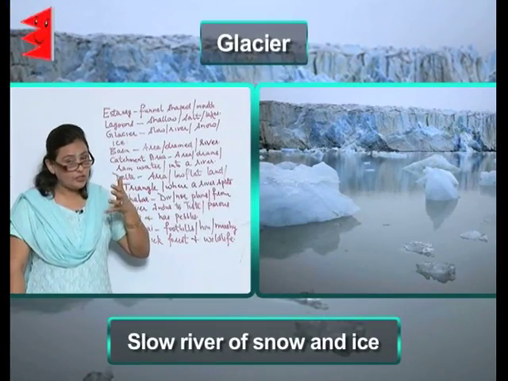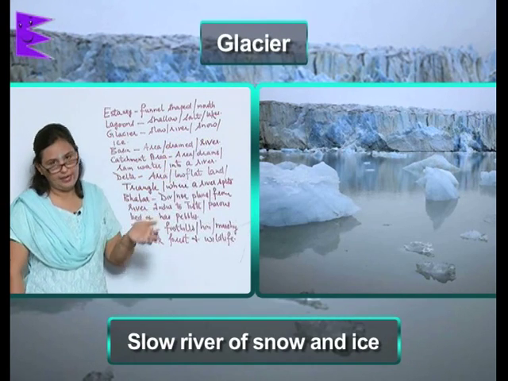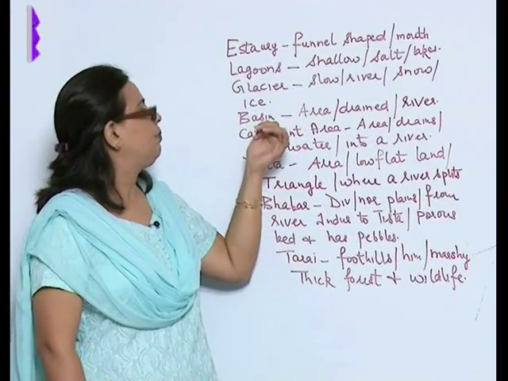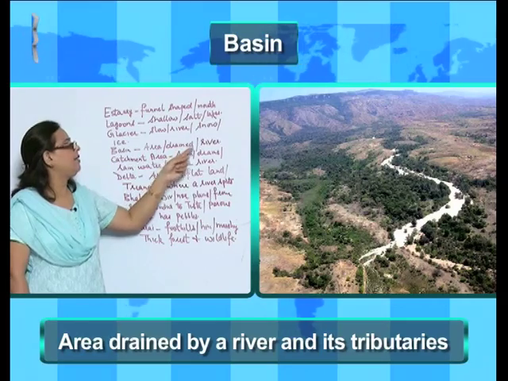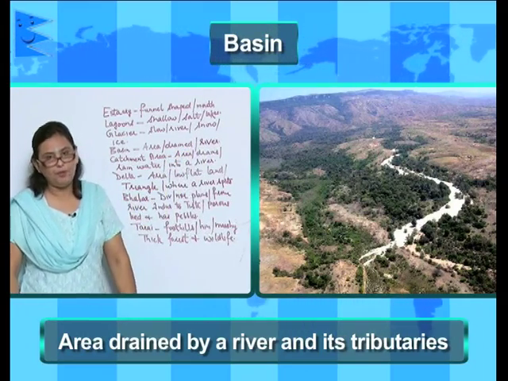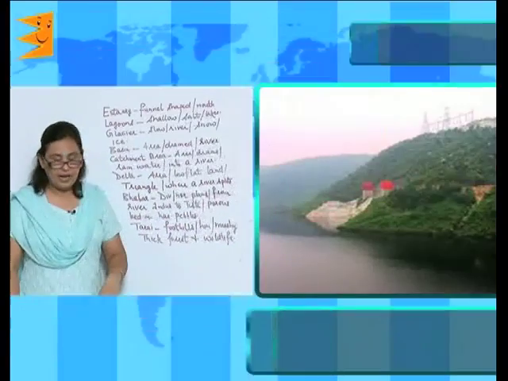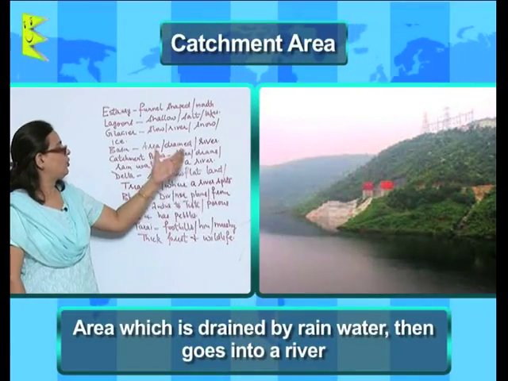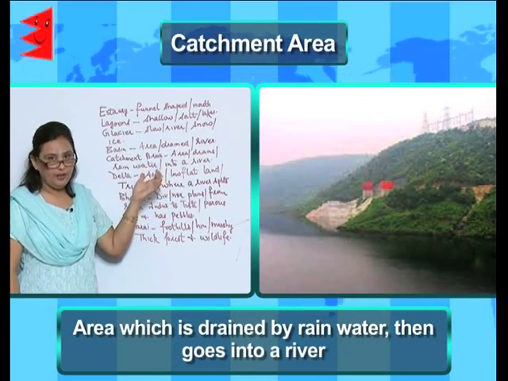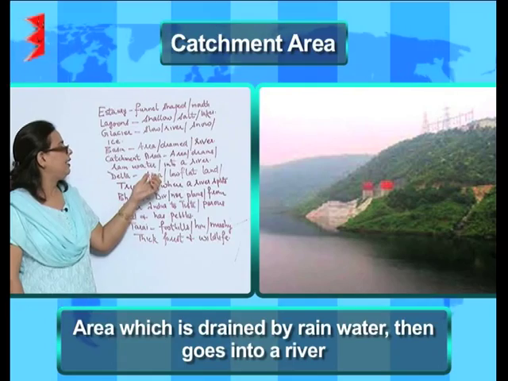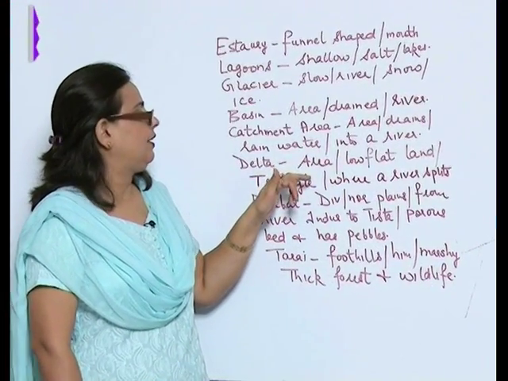Glacier is a slow moving river of snow and ice. Next is basin. Basin is an area that is drained by a river and its tributaries. Next is catchment area. Catchment area is actually an area which is drained by rainwater and then it goes into a river.